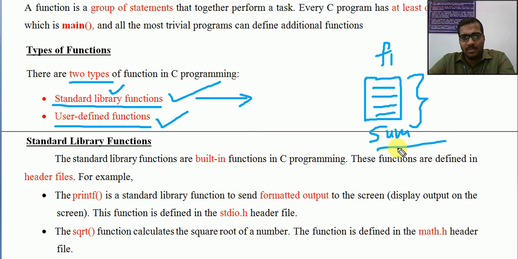Now this can be used like calling a fan. I can use F1 for finding the sum. If I require this sum 100 times, for all these 100 times, I can use the name of that function for doing this entire task.